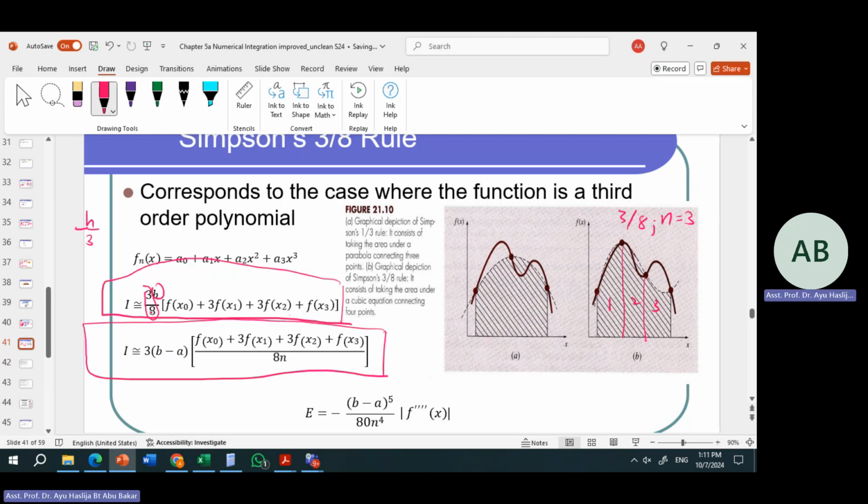Now 3/8 multiplied by the h. For Simpson 3/8, the intermediate points are multiplied by 3. 1/3 just now multiplied by 4. This one is multiplied by 3.